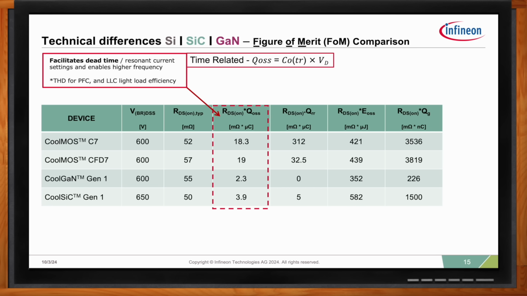As seen in the corresponding column, both GaN and silicon carbide are almost an order of magnitude less than silicon CoolMOS devices. With this characteristic, wide bandgap devices, especially GaN, enable the next higher level of switching frequency in resonant converters, hence allowing for a higher power density.